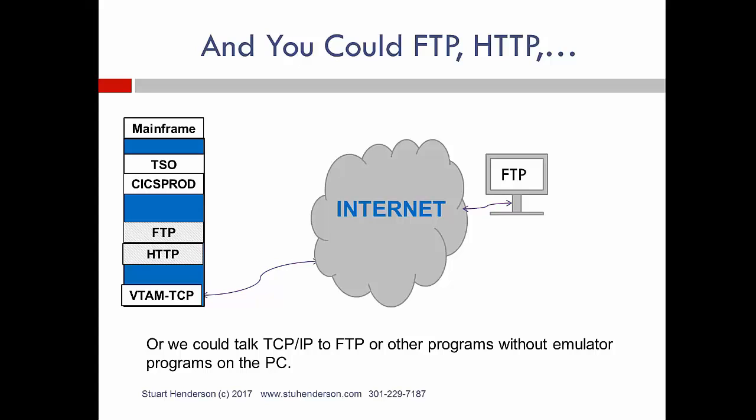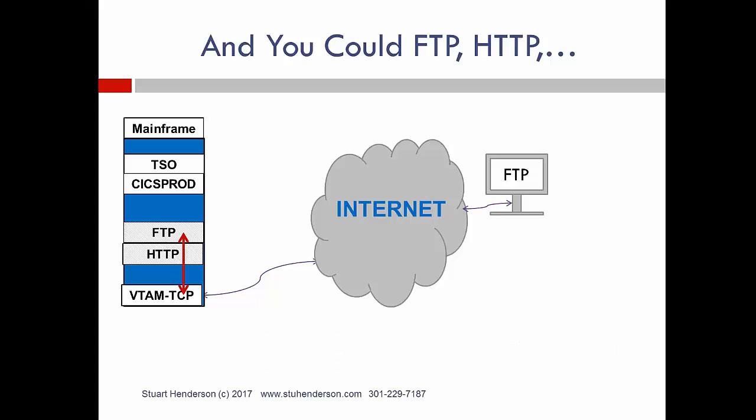And now what would happen is your Windows computer, just running Windows, no terminal emulator, would run an FTP program on the Windows computer, which would talk through the internet to VTAM and TCP/IP on the mainframe, and VTAM and TCP/IP would pass the requests to the FTP program running on the mainframe, so you'd have the FTP client program on your PC talking through the internet through VTAM and TCP/IP to the FTP server program running on the mainframe, and this would work fine. So again, we've got more flexibility.